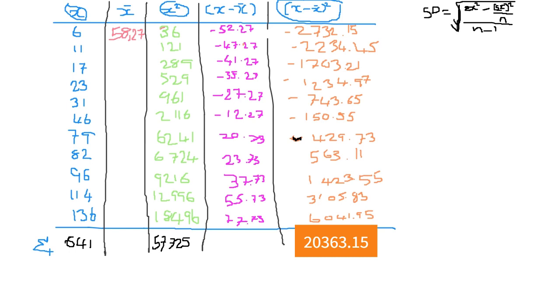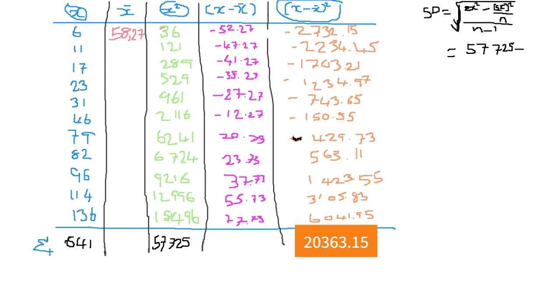Let's plug it in. What is the sum of x squared? A large number here. 57772. Minus, sum of x, we have 641.